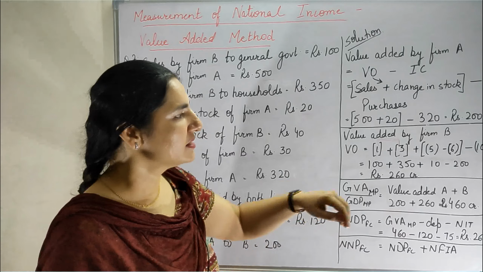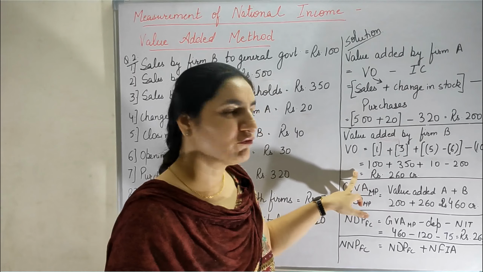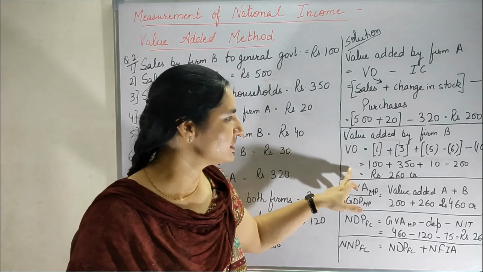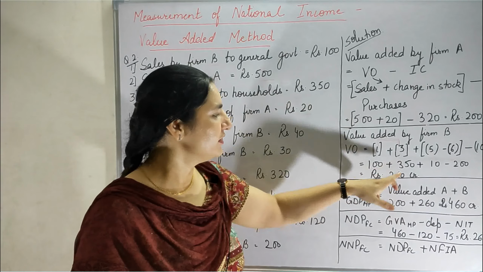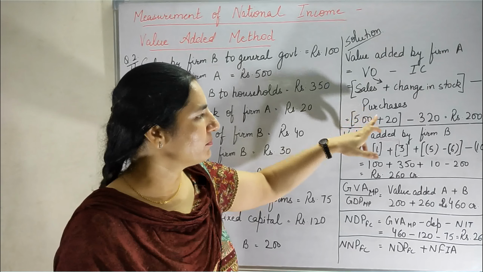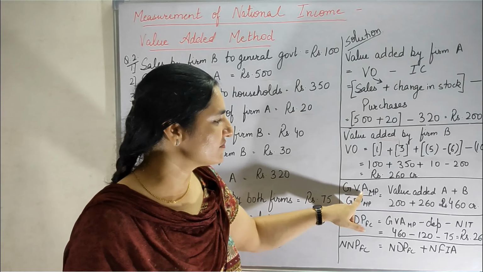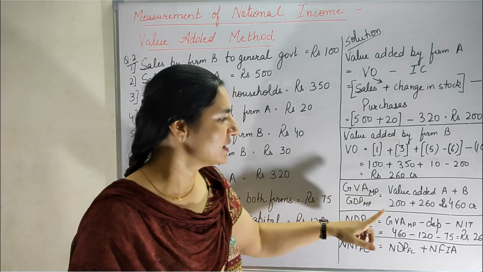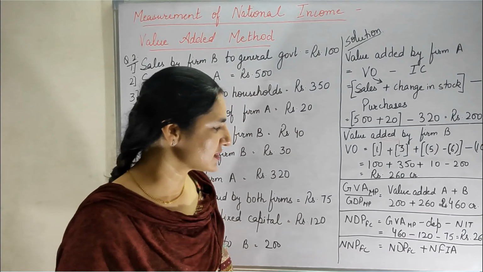So let us take it as intermediate consumption here, and the value added by firm B is 260 crores. When we add value added by firm A and value added by firm B, we arrive at gross value added at market price, that is 200 plus 260 is equal to 460.